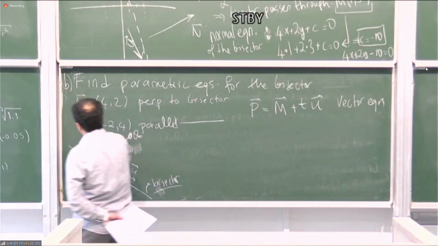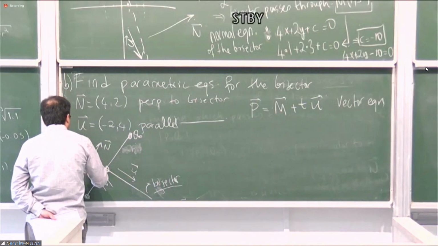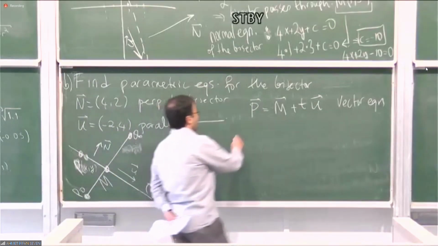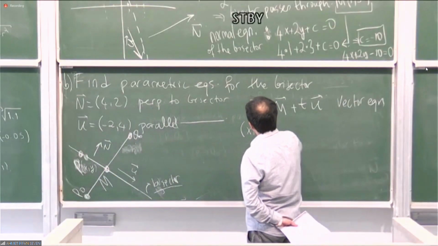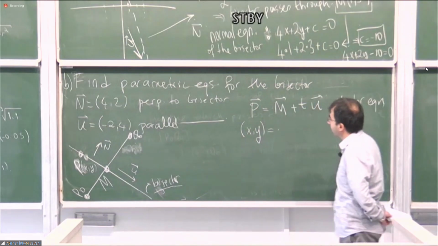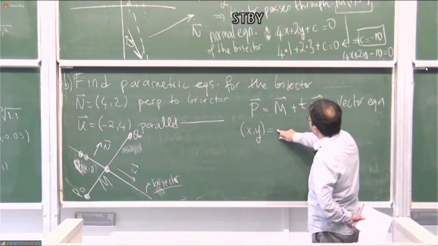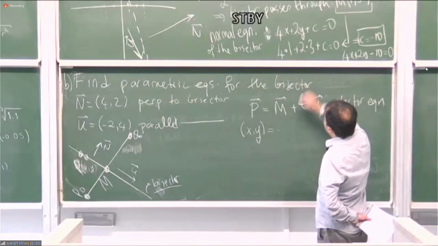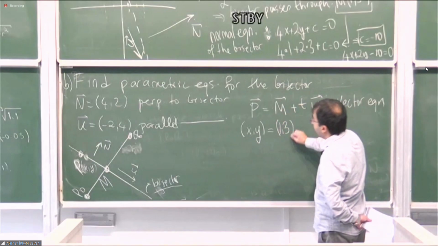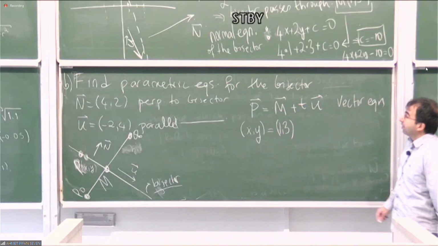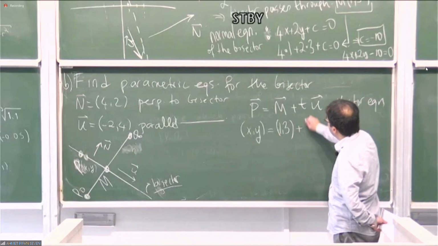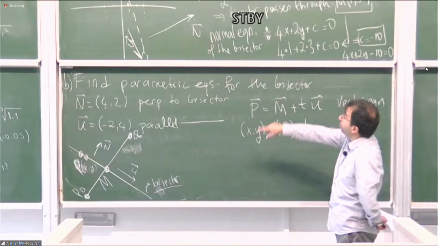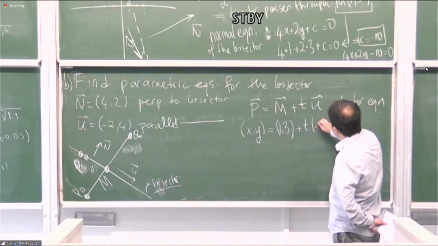Let's call the coordinates x, y. Then x, y will be equal to M. We have found M, the midpoint, 1, 3, plus t times u. We have found u as minus 2, 4.